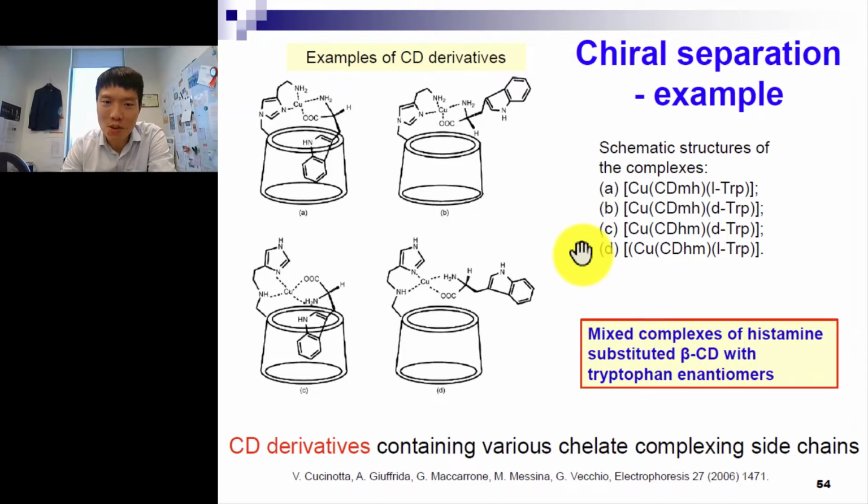So in this case, you have mixed complexes of the histamine-substituted beta cyclodextrin with the tryptophan enantiomer. So this is just tryptophan. You have the L isomer, you have the D isomer, and mind you, as a reminder, the D and L have no link with the R and S for the chiral center.